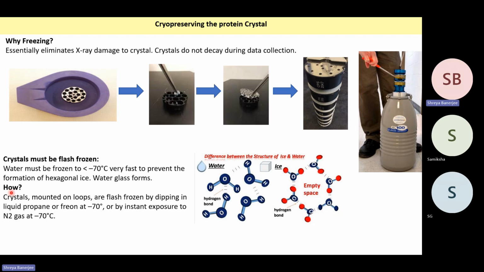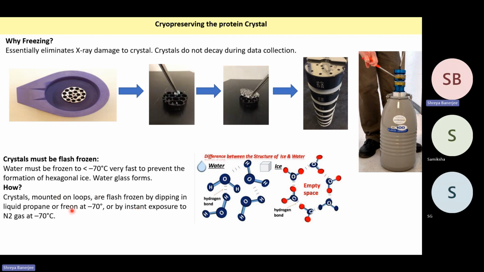That is why the crystal, after taking in the loop, is immediately dipped in liquid propane or freon or nitrogen at minus 70 degrees Celsius. What this will do is that whatever is the orientation of the water molecules in the protein, it will immediately freeze the water molecules in the same orientation. So the 3D structure of the protein is maintained.